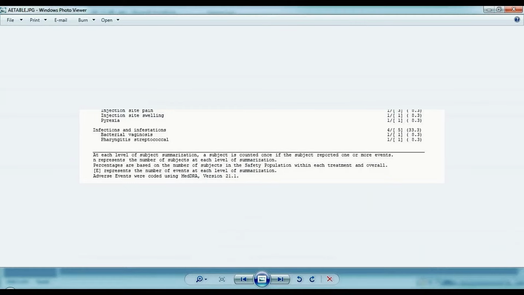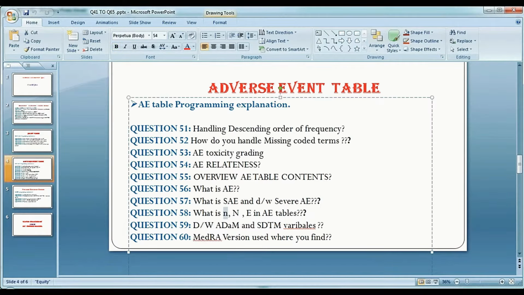The next question: here you can see small n. Small n is the number of subjects, and capital N is the total number of subjects.